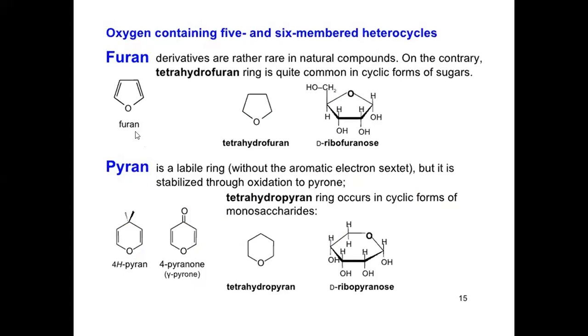Furan means a 5-member ring, and in that ring there are 4 carbons and 1 heteroatom. So this is the furan structure. Similarly, here the pyrrole is there, with a ring containing a heteroatom.